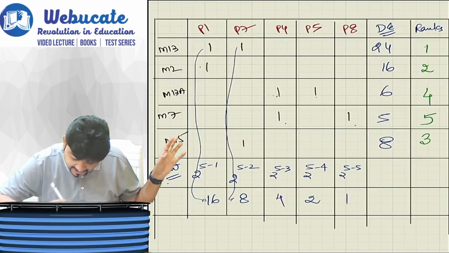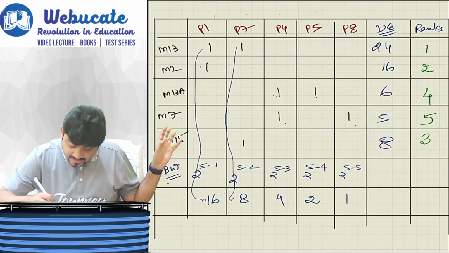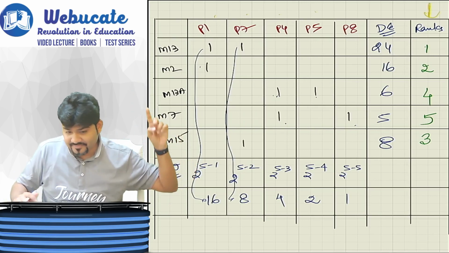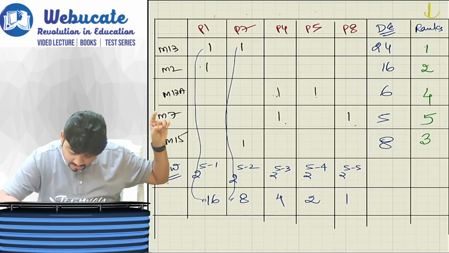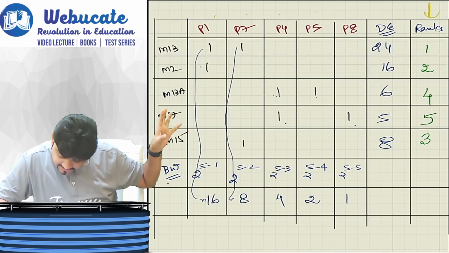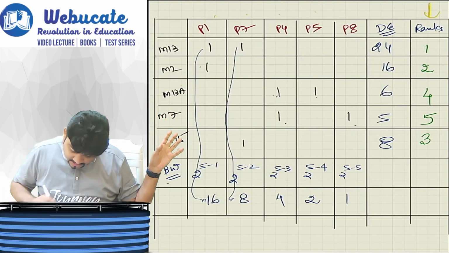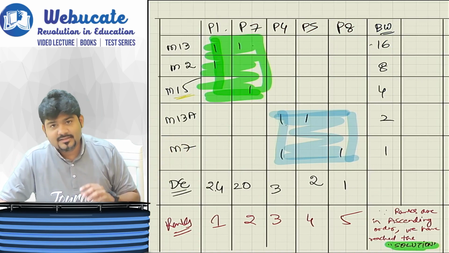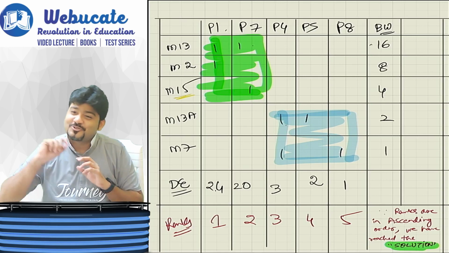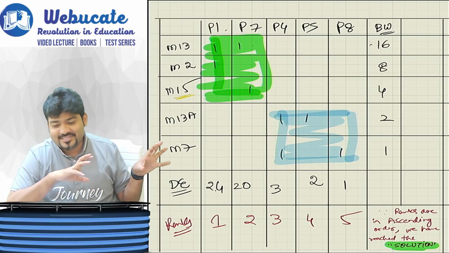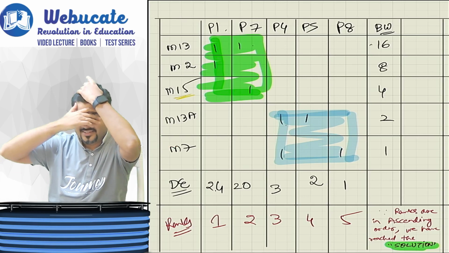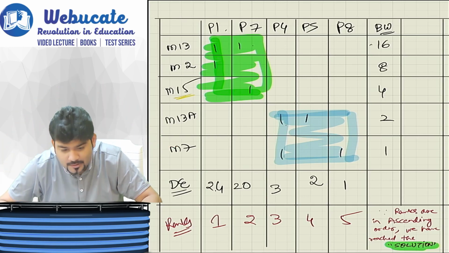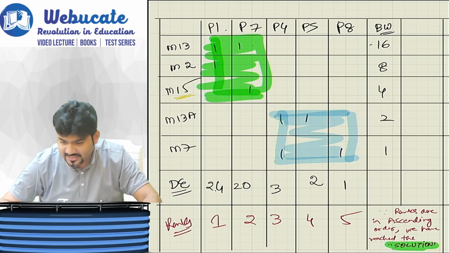Then the ranks were there for M, so we changed the machine. See here, M15 was third rank, so now M15 is there. These are the type of sums which you have to solve. Lakshmi has said she has got it.